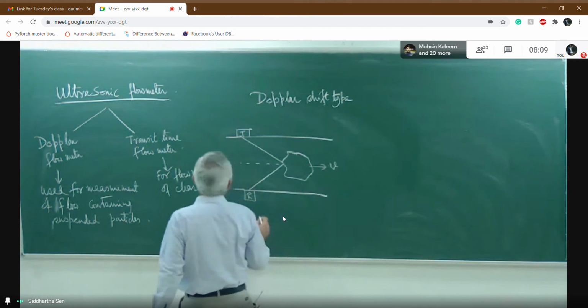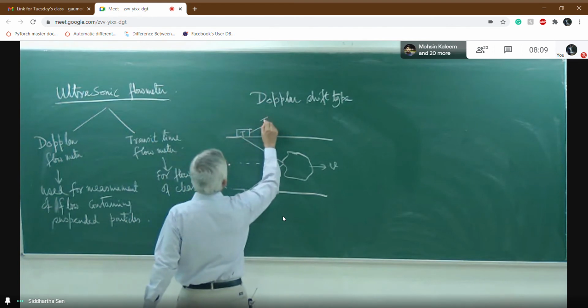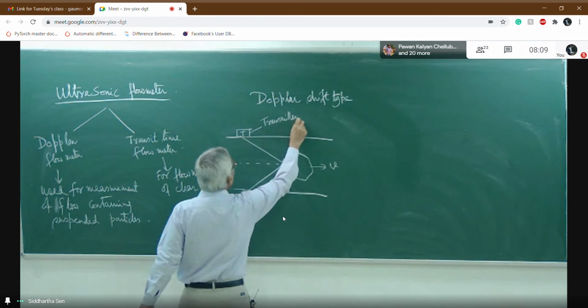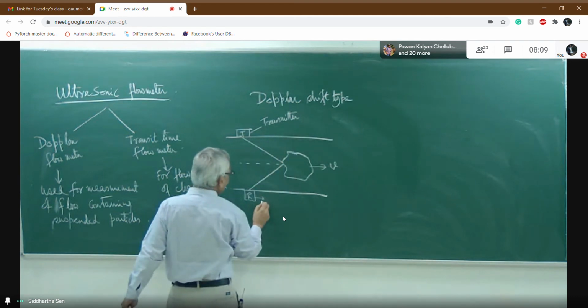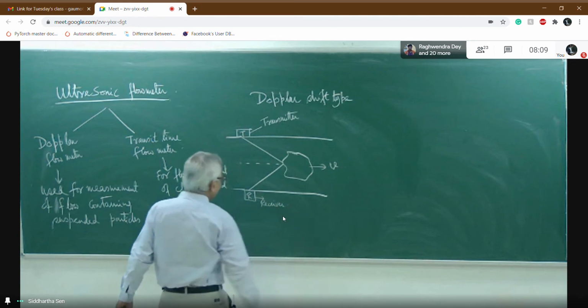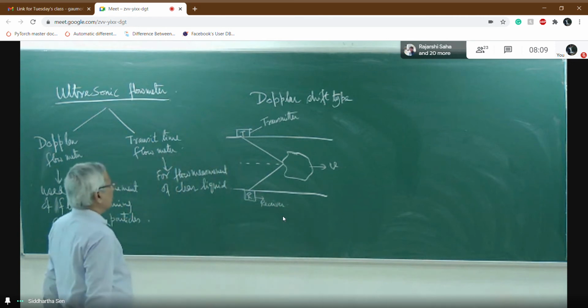This is a transmitter, and this is a receiver.